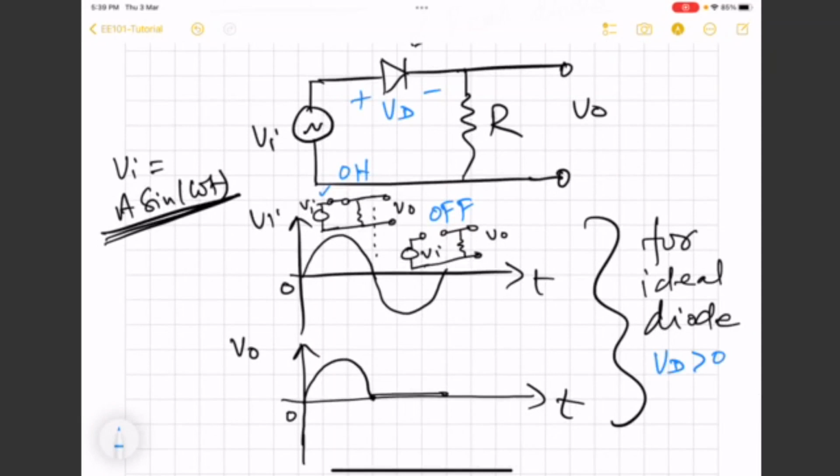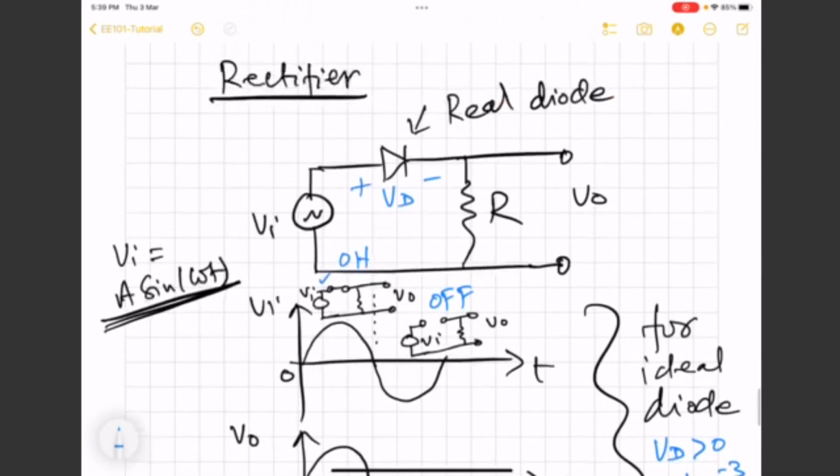Even 10 raised to the power minus 3, 1 millivolt will be enough to switch on the ideal diode, or even 10 raised to the power minus 5. You just need to have a very, very small positive voltage across it. So a very small positive voltage across an ideal diode will switch it on.